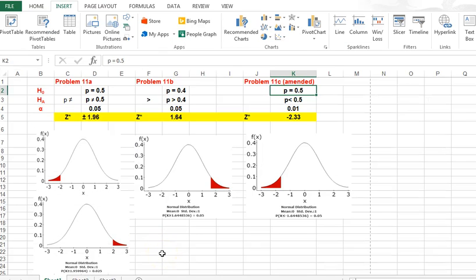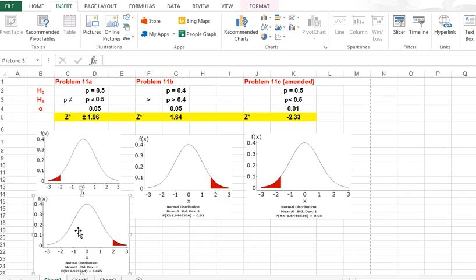So just to recap, you can see that in our problem 11A, our alternative hypothesis was not equal to, the equal sign with a slash through it. So we knew it was a two-sided test. We looked at the left side, the negative side, and got negative 1.96 as the critical z-value. Then we looked at the positive side and got a positive 1.96.